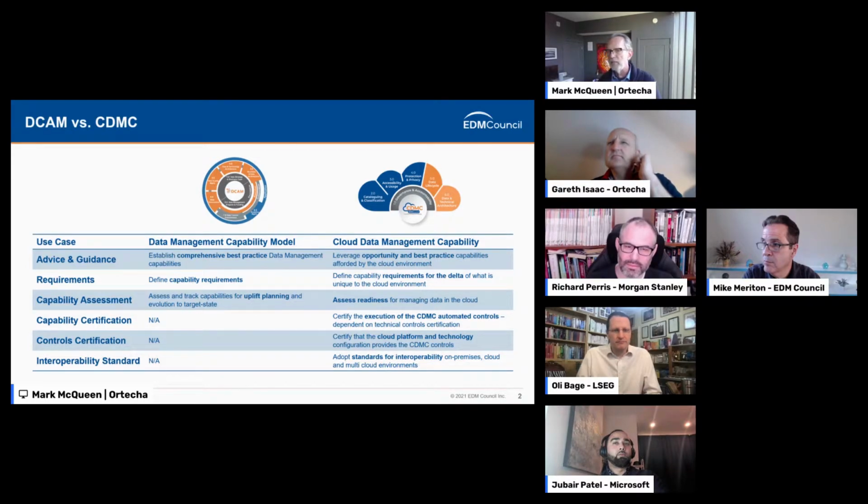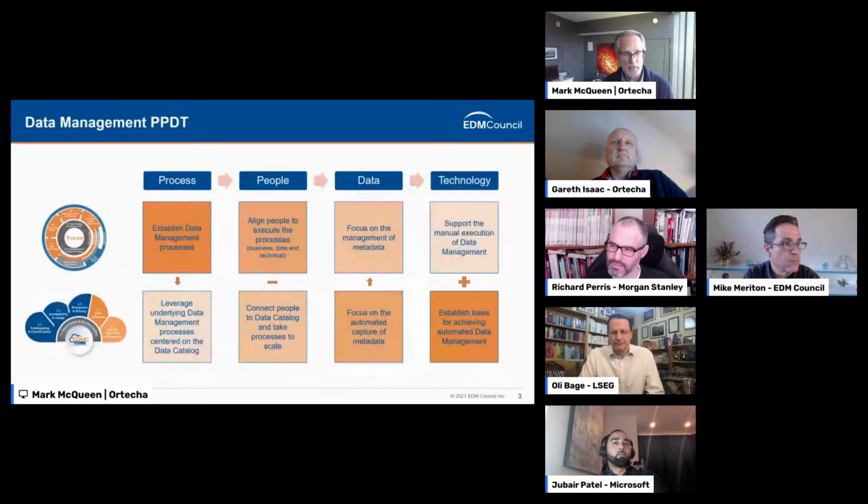And then finally, the CDMC is about to publish a new interoperability standard around an information model that is going to be very, very valuable as you move forward and have data potentially still on-prem, in the cloud, and maybe even in 2 cloud environments.